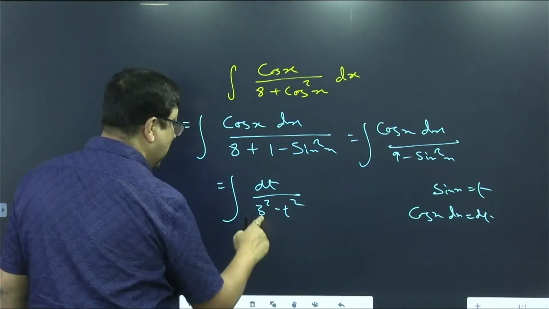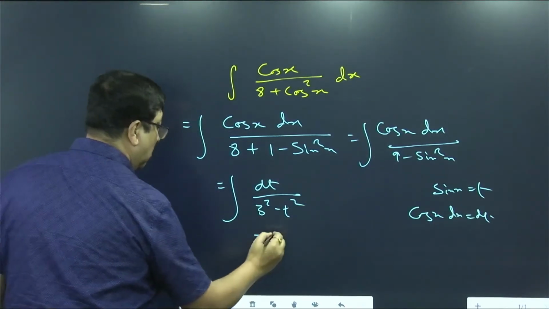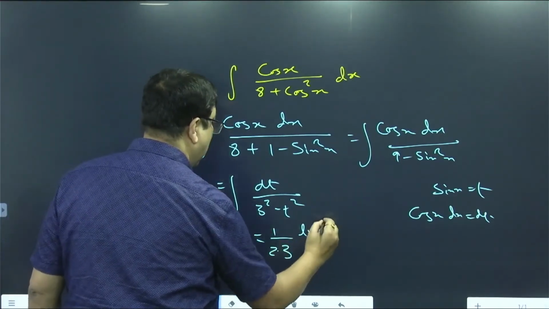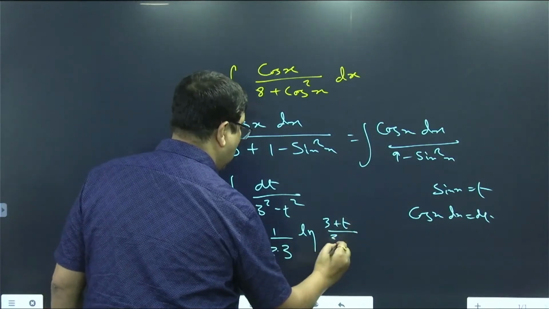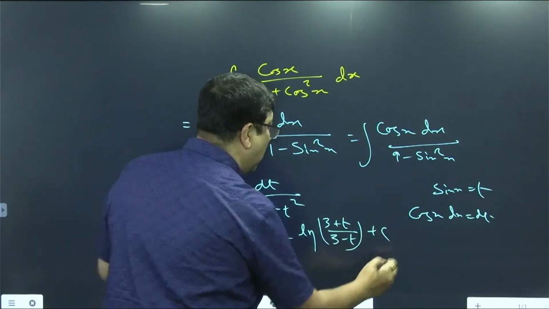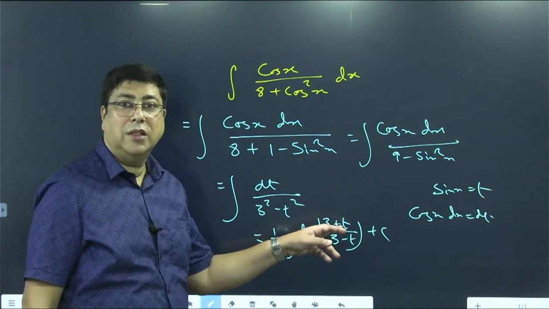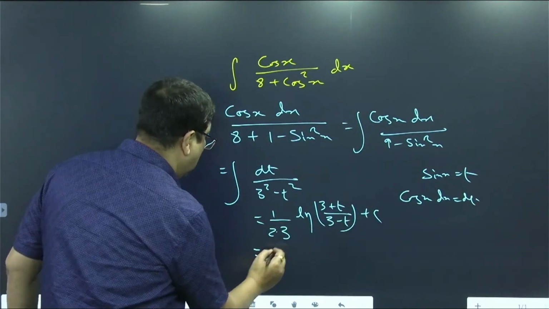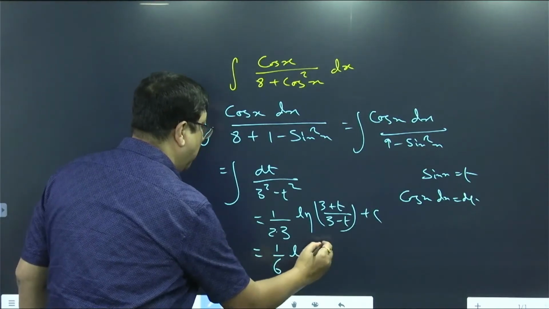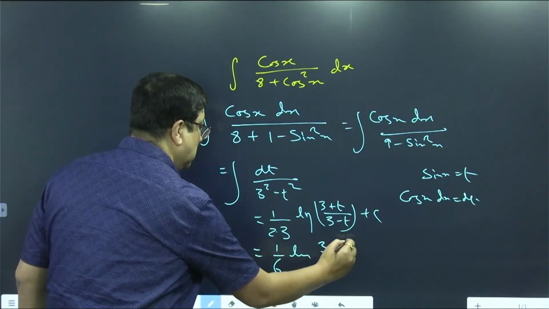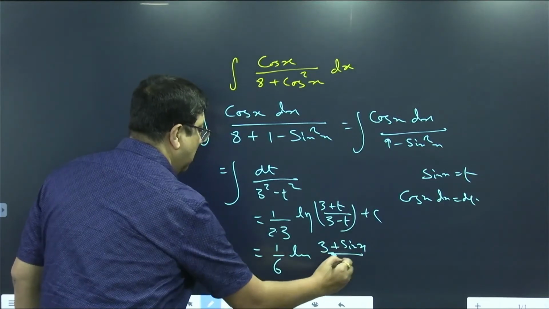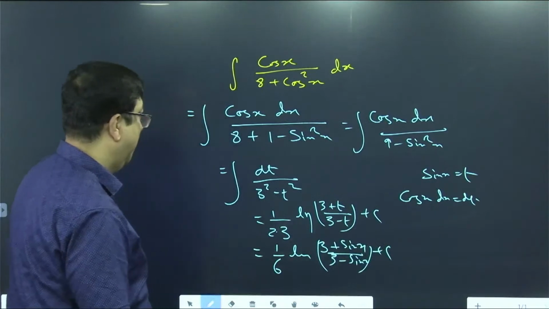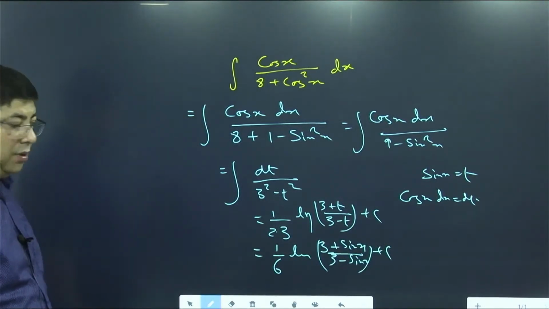So this is a square minus x square, so 1 by 2a log of a plus x by a minus x. And finally, in place of t, we have to write sin x. So 1 by 6 log of 3 plus sin x by 3 minus sin x plus c. Okay, understood? Next sum.